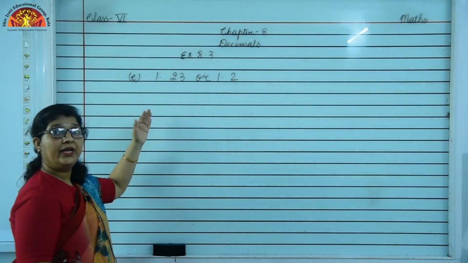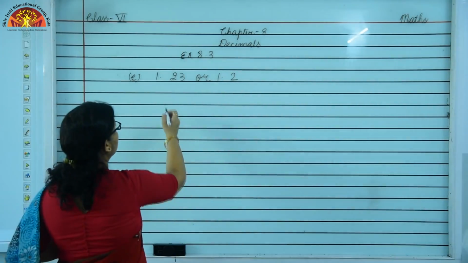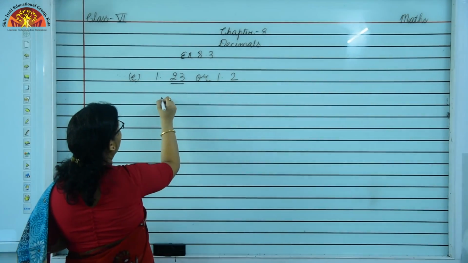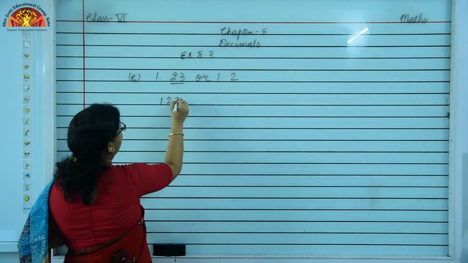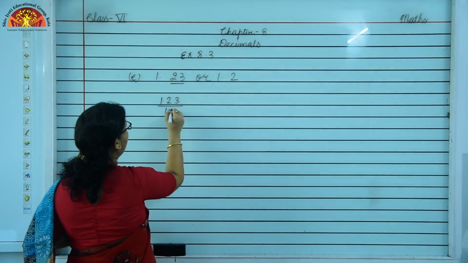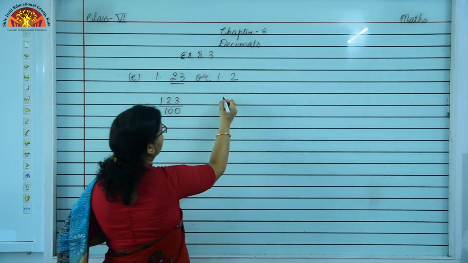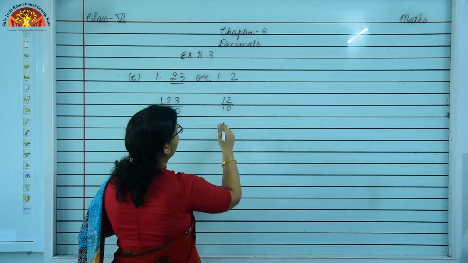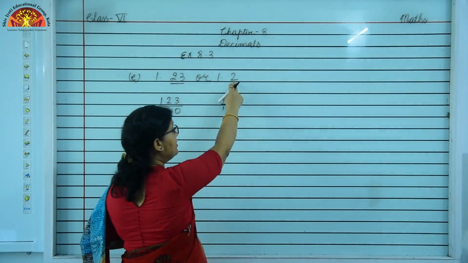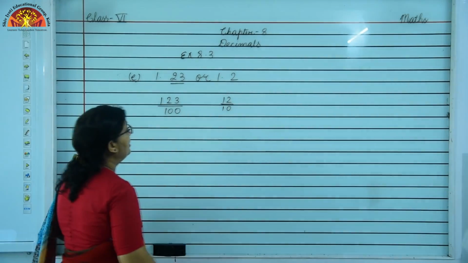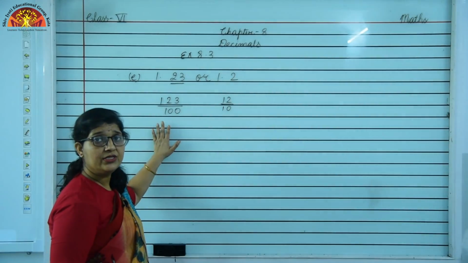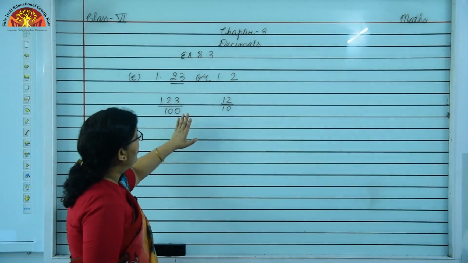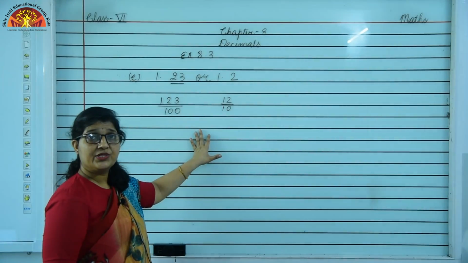First we convert into decimal fractions. So we have 2 digits here. So 123 upon 100, and this becomes 12 upon 10 because we have one digit here. So we write 12 upon 10. But both are unlike fractions. So first we convert into like fractions.